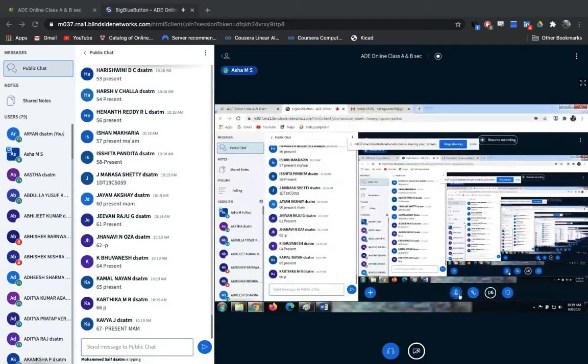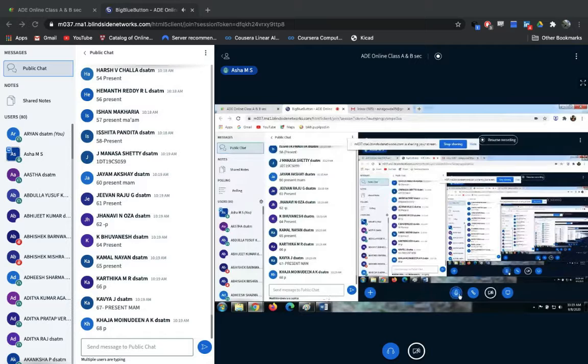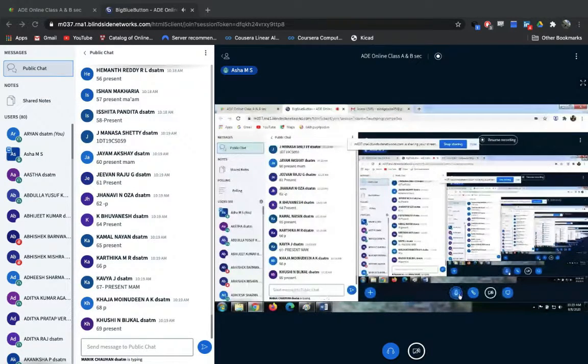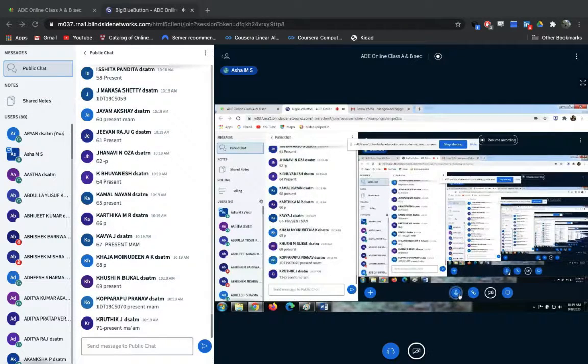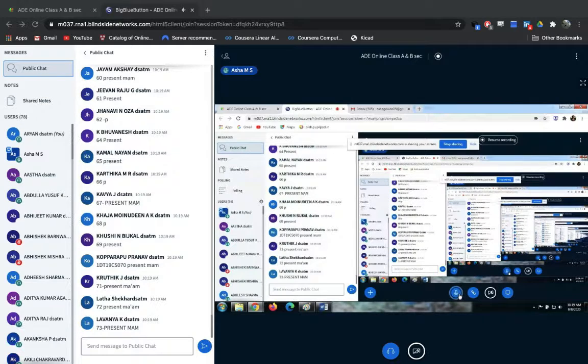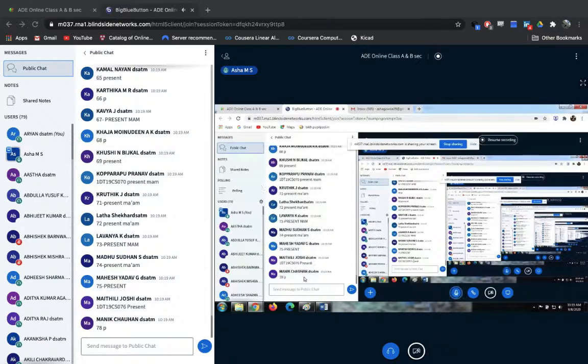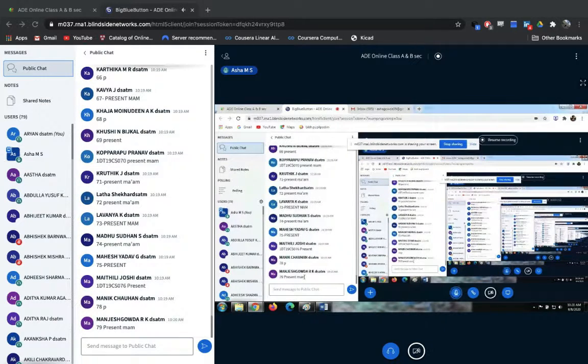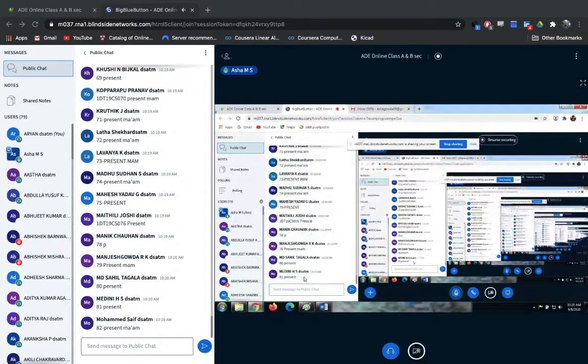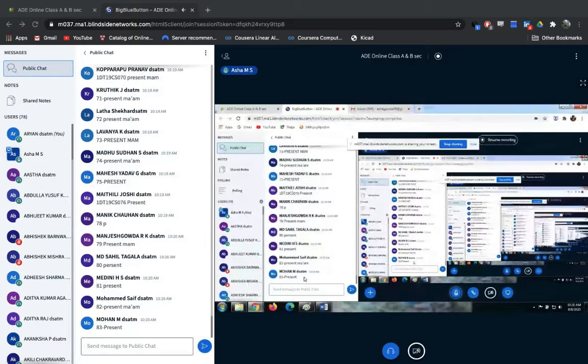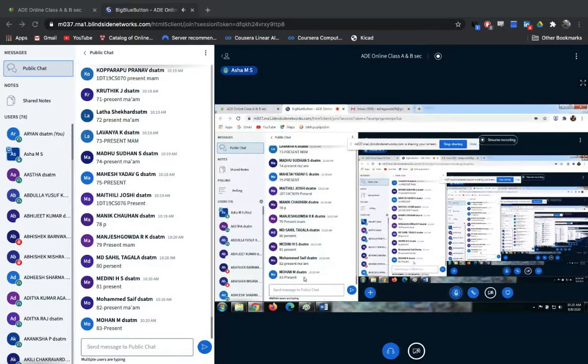The roll call goes on through the remaining names. Rohit FP, why is he not attending classes?